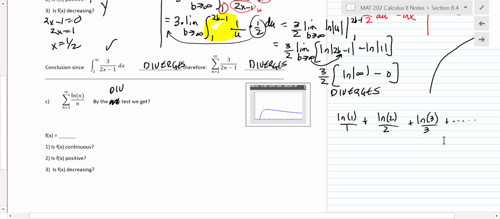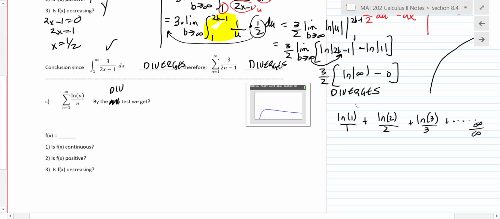Obviously, the denominator is getting bigger forever. How about the numerator? Is it getting bigger forever also? Yeah, because you're doing an ln of a bigger and bigger number. So when you go way out here, the numerator's infinity, the denominator's infinity, but you really can't tell by writing that out what's going to happen. That's not enough.